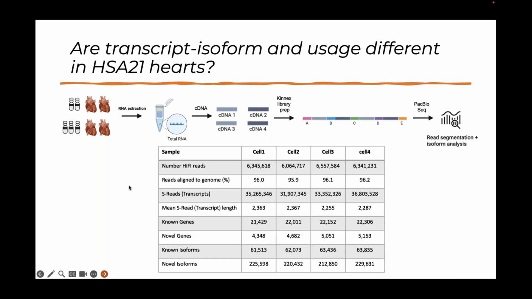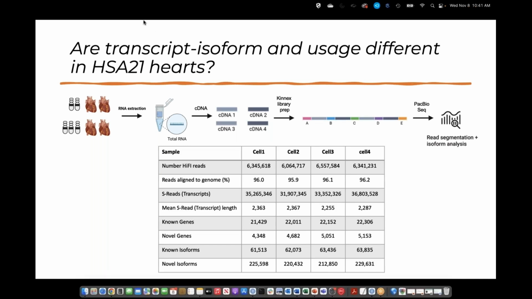And as you can see in the table below the workflow, we were able to obtain more than 6 million reads for each of the 4 samples that were sequenced, the majority of these reads aligned, and 31 to almost 40 million transcripts were obtained among these 4 samples.